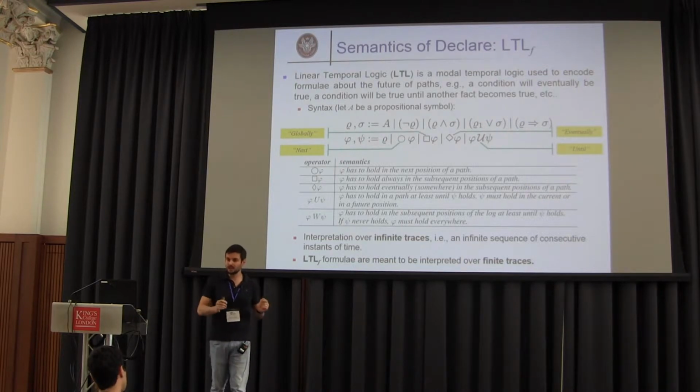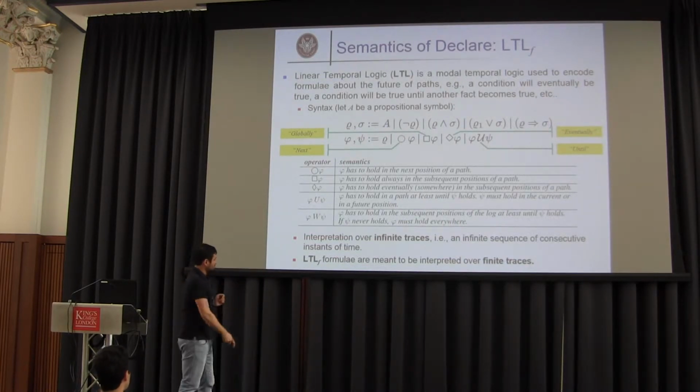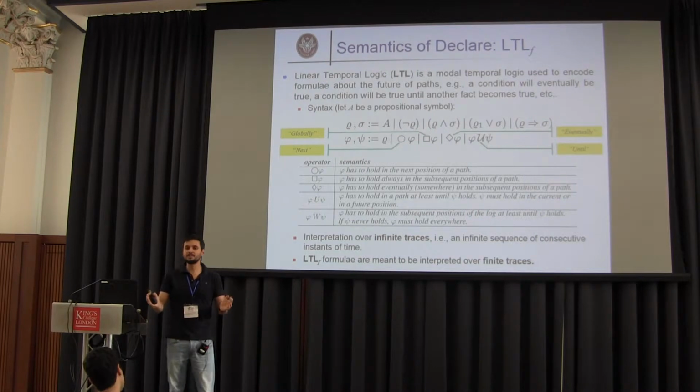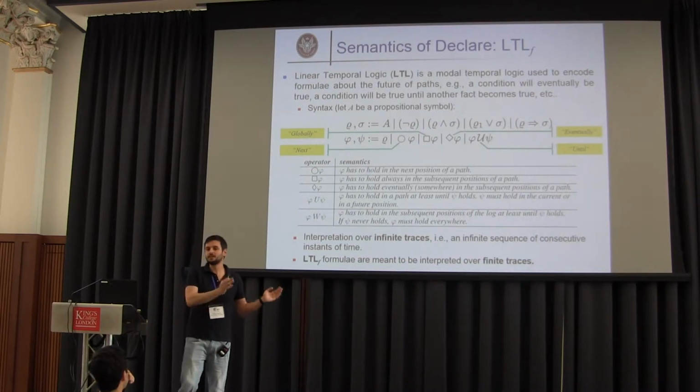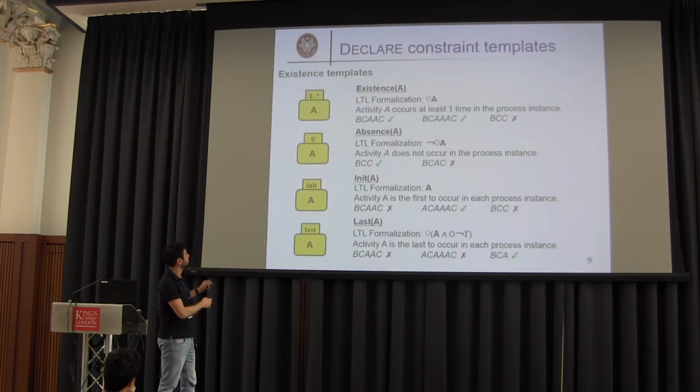Otherwise, in our study, in the business process management field, we use LTL-F, so LTL interpreted over finite traces. Otherwise the problem would not be decidable. Why? Because our traces are finite and the constraints of our Declare model are finite. So we use LTL-F.